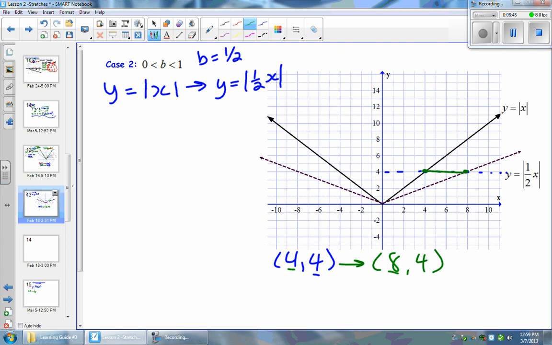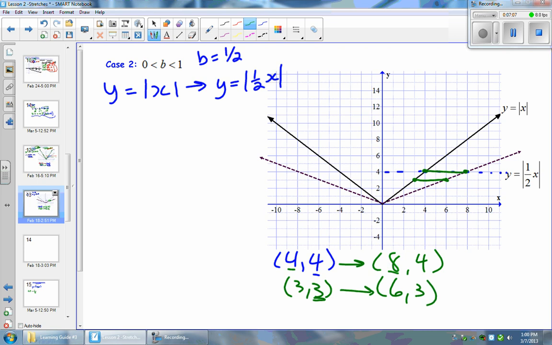Let's take a look at another coordinate. So I'll pick that point right there, so 3, 3. If you leave 3 constant right there, what happens to the x value? Well, it goes right over here on our transformed function, and that point is 6, 3.